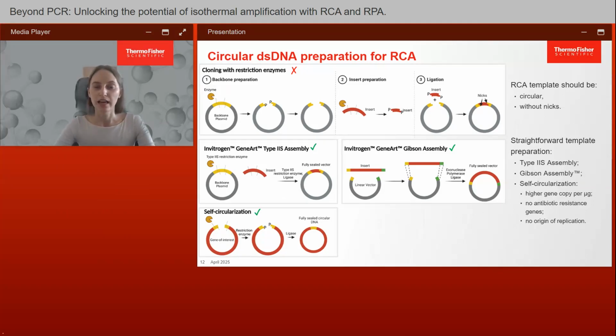So while the last 3 methods, type 2S assembly, Gibson assembly, and self-circularization, can all be used for straightforward RCA template preparation, there is a risk that the products of these assemblies may not be homogeneous, containing both correctly and incorrectly assembled circular DNA, impacting the quality of RCA products.